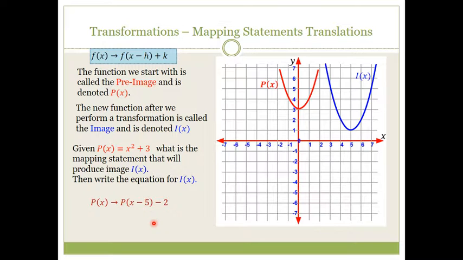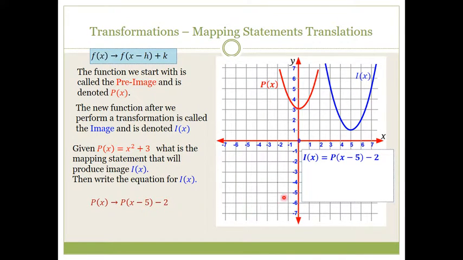Let's say, though, that I wanted the equation for I of x. Then we could easily go ahead and write that, because we know that I of x is the translation from the mapping statement of what p of x is, except shifted to the right 5 and down 2. So I'm going to go ahead, and we know that p of x is equal to x squared plus 3.